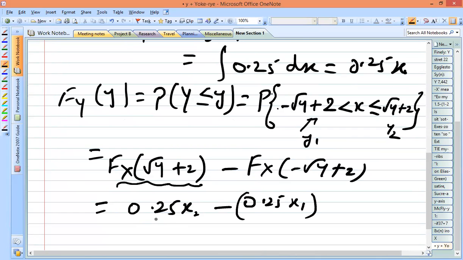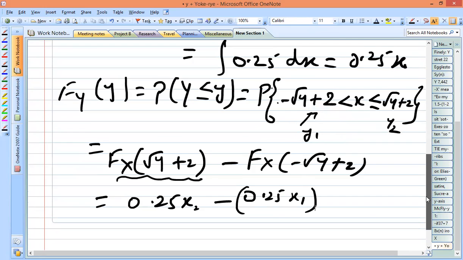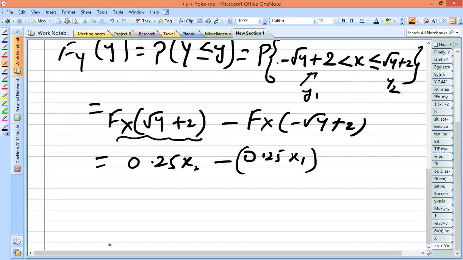Suppose if you write 0.25x minus 0.25x, you might assume that they cancel each other. But here the values of x are different. Here you can see that it is taking the values minus root y plus 2 and root y plus 2. For that reason you make this assumption.